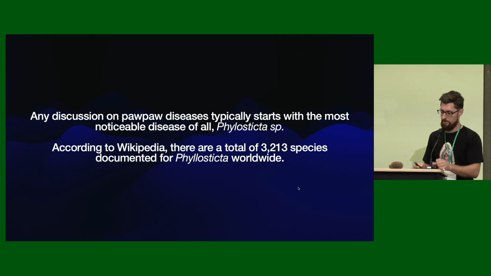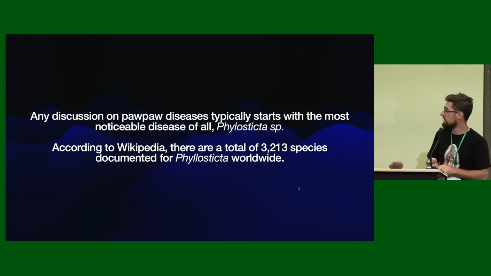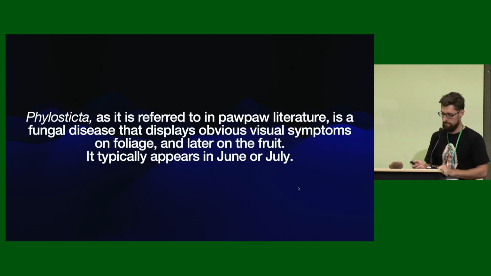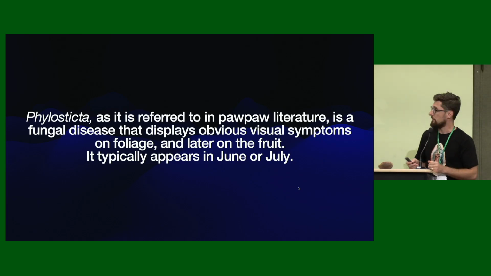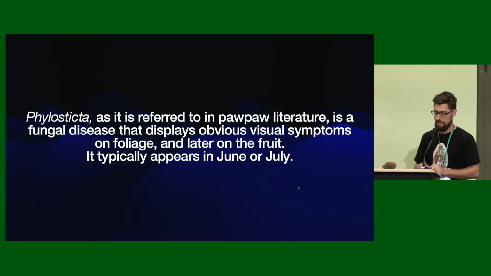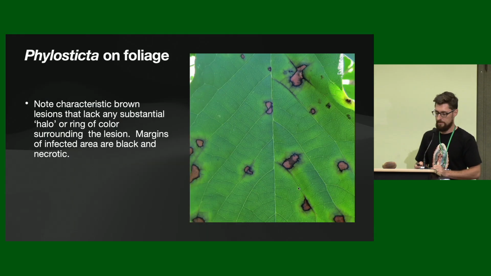So any discussion on pawpaw diseases typically starts with the most noticeable disease, and that's Phyllosticta. According to Wikipedia, there's a total of 3,213 species of Phyllosticta. And as it's referred to in pawpaw literature, it's a fungal disease that displays obvious visual symptoms on foliage and later on the fruit. It typically begins to appear in June or July, and this is what you're typically going to see.